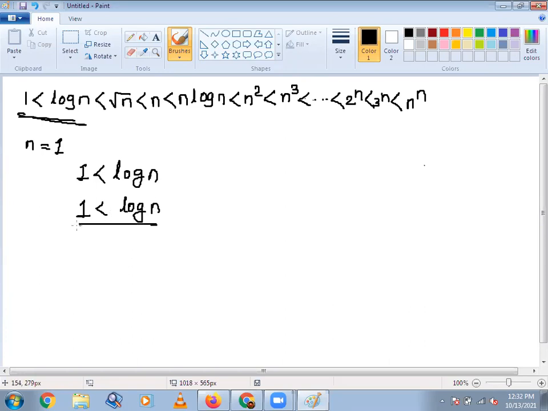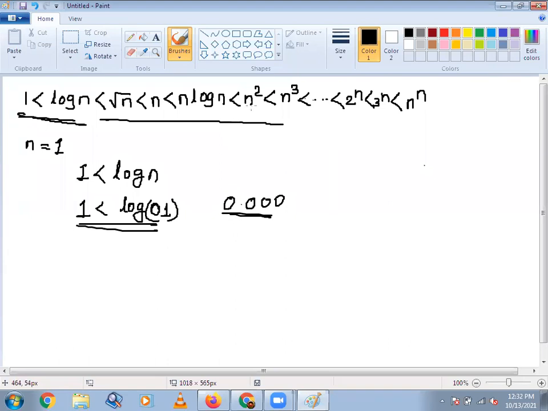This is not possible, because the value of log 1 is 0. These statements are all not possible for small values. These are possible for larger values, greater than 10.